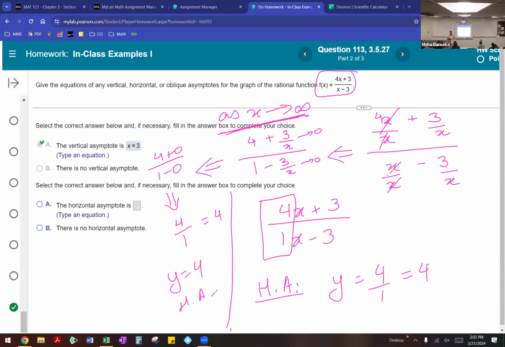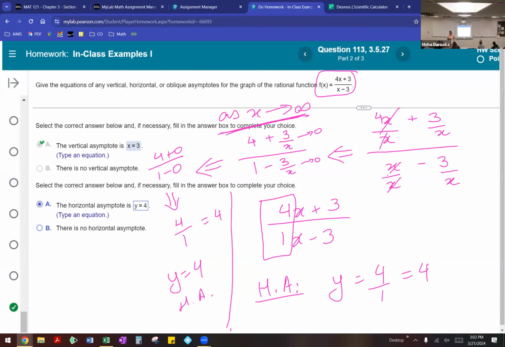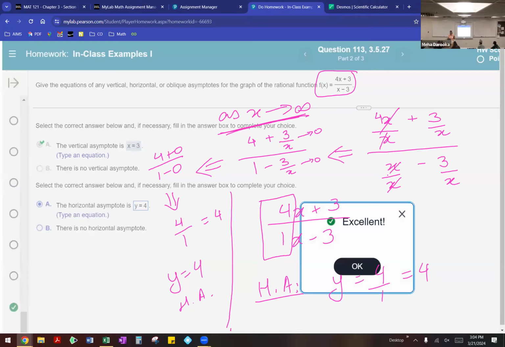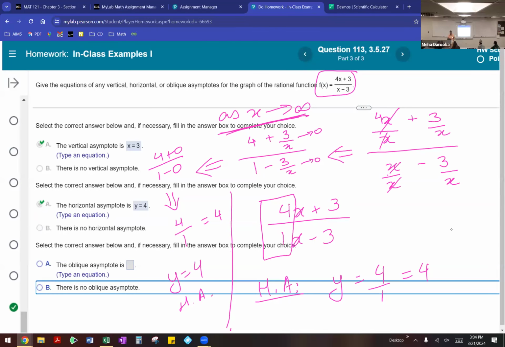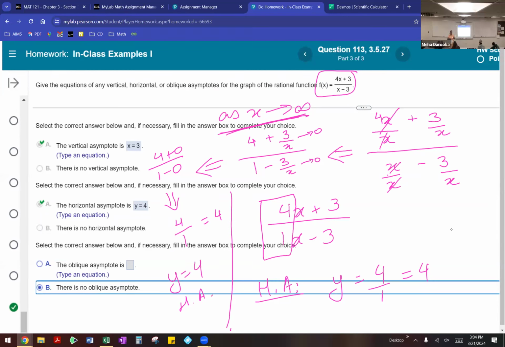All right, and again, you're typing this as an equation. So this guy will be y equals 4. All right, let's check that. And as I said, if you have the horizontal, you are not going to have the oblique, so you don't really even have to check for it.